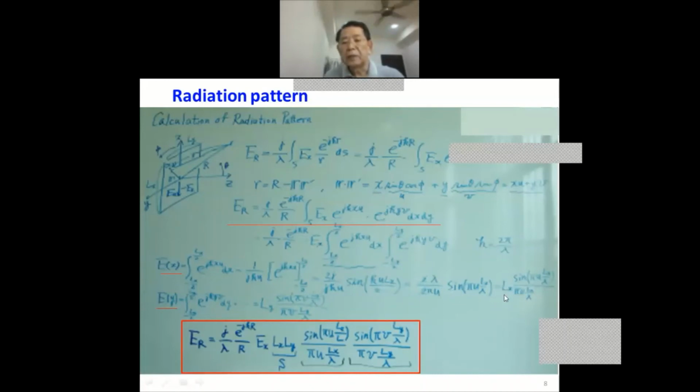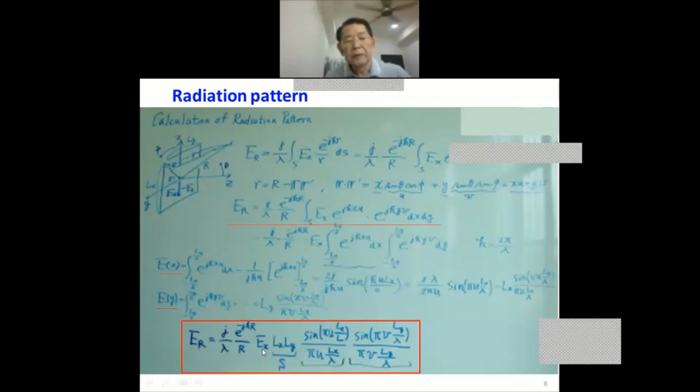Finally, it becomes this, with the x coordinate, the aperture size, and this one. And in the y direction, the integral becomes this, where Ly is the y direction size, and this function. Finally, the radiation field at position large R is expressed by this one.